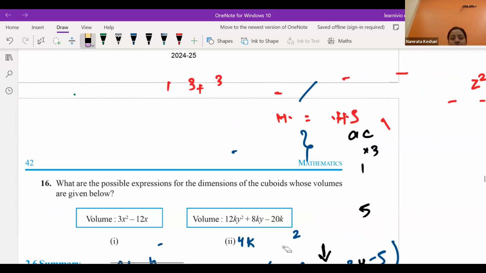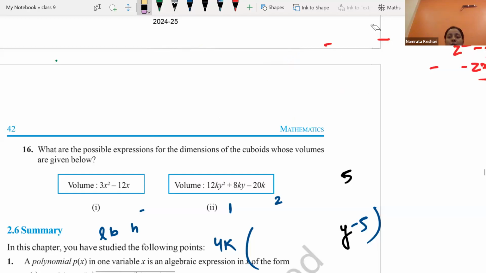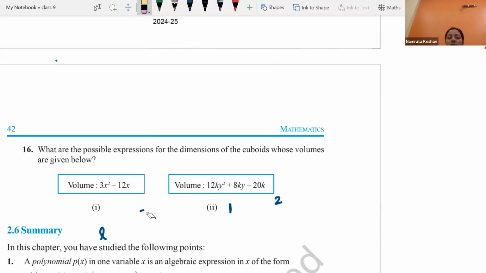Let's read it. It says, what are the possible expressions for the dimensions of a cuboid? Dimension means measurement. So what are the possible expressions for the measurement of a cuboid whose volume is given below? We need to find the measurement of a cuboid whose volume is already given in the question. Okay, let's find it.